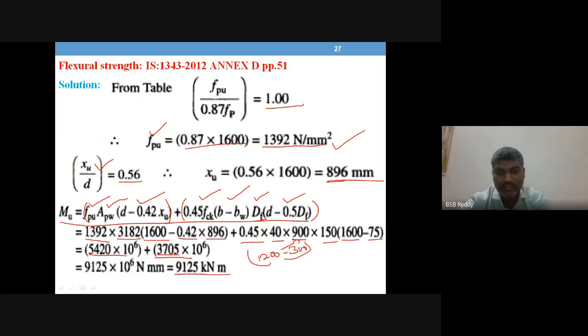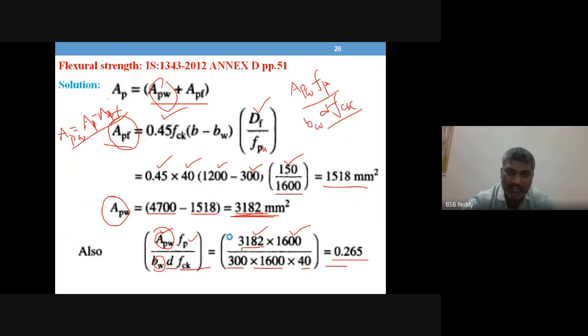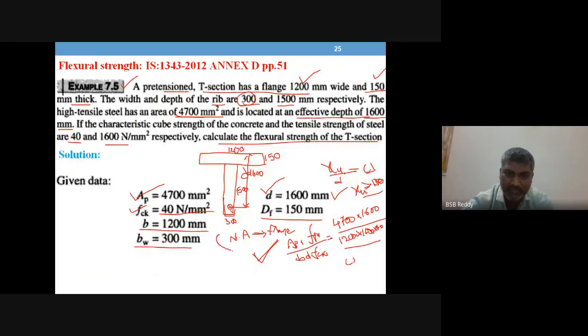Okay, so this is how we calculate the moment of resistance of the flanged section, neutral axis falling outside the flange. And I told you that the textbook is missing that part, of not going straight away to the case of neutral axis falling in the web, because you don't know whether the neutral axis is falling in the flange or web.